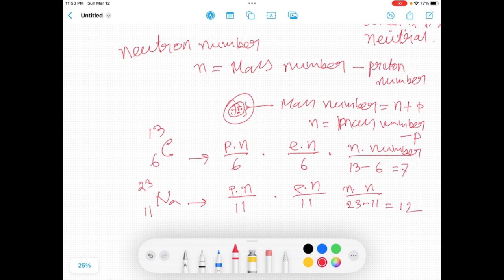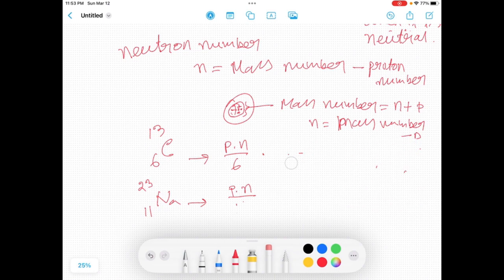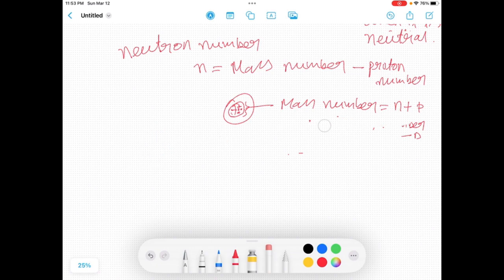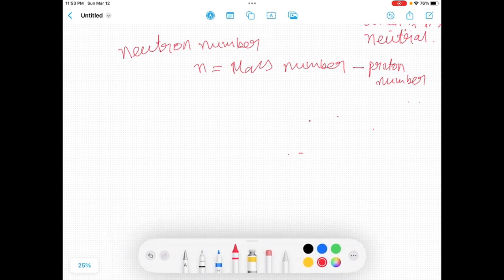Let's take more examples. If you are given this atom, suppose aluminum 27, 13, 3 plus, here the proton number will be 13.